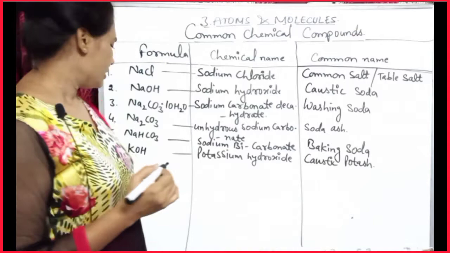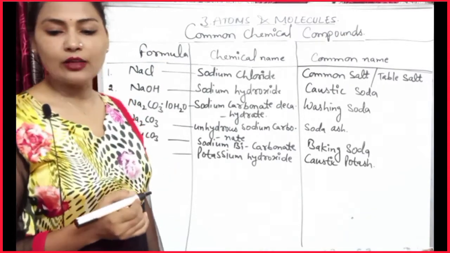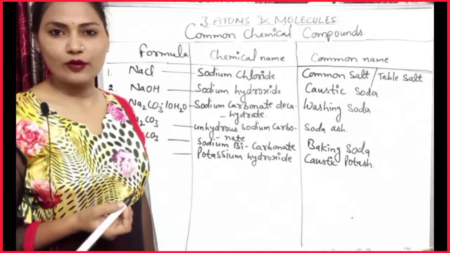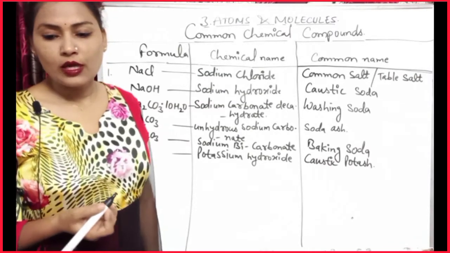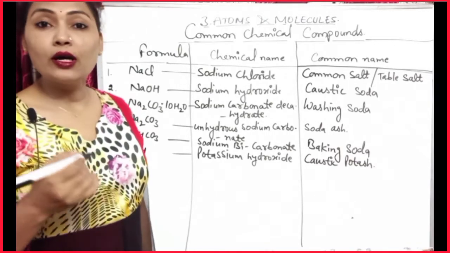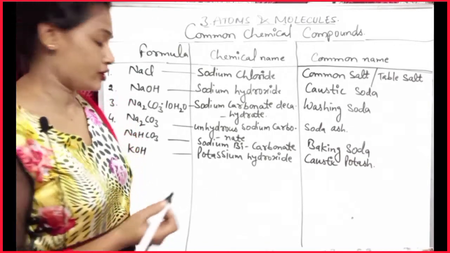Next compound we can take may be potassium carbonate, which also belongs to the potassium group, and this potassium carbonate is also known as pearl ash or potash.